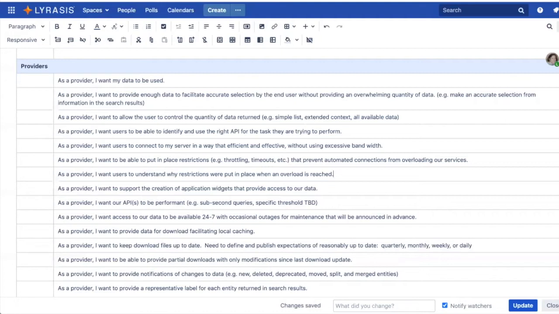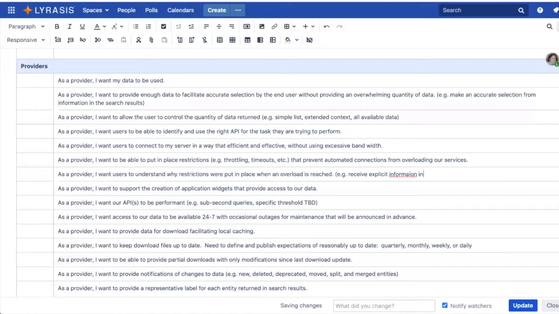Does that fit for you? As a provider, I want users to understand why restrictions were put in place when an overload is reached. Yeah. Well, probably if by understand you mean that they get explicit information about it in their response.